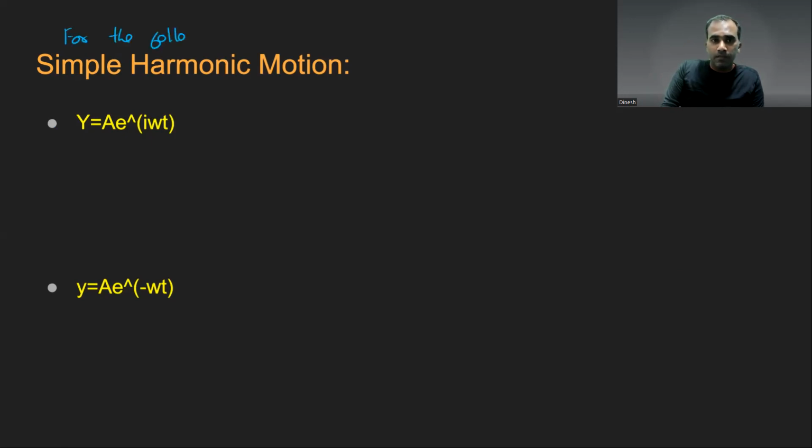For the following displacement versus time equations, find if they are following simple harmonic motion.